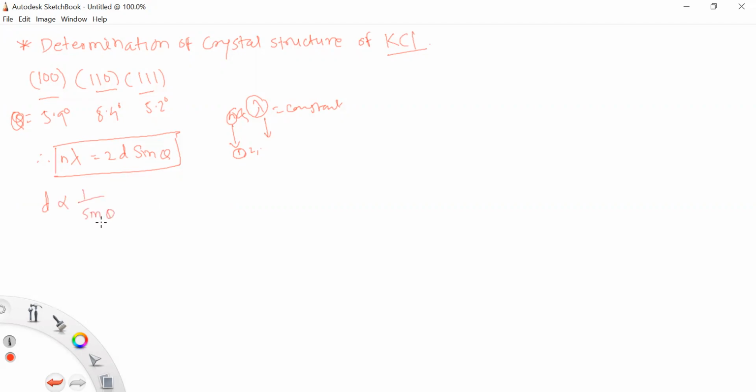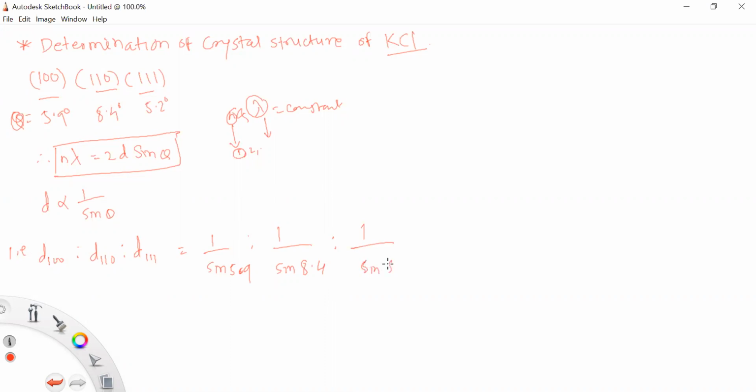Once we get the values of theta, we put them into this equation, and the ratio of the interplanar distances is d100 : d110 : d111 = 1/sin 5.9 : 1/sin 8.4 : 1/sin 5.2.